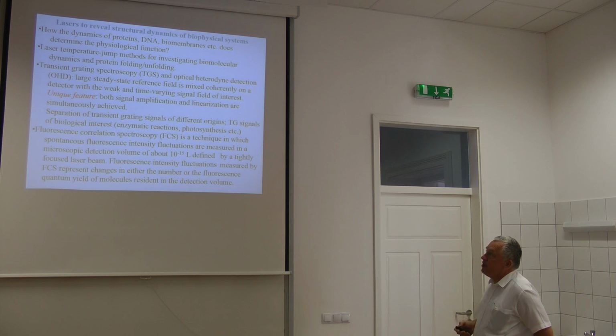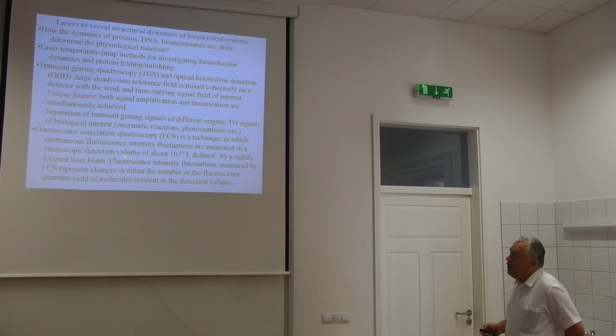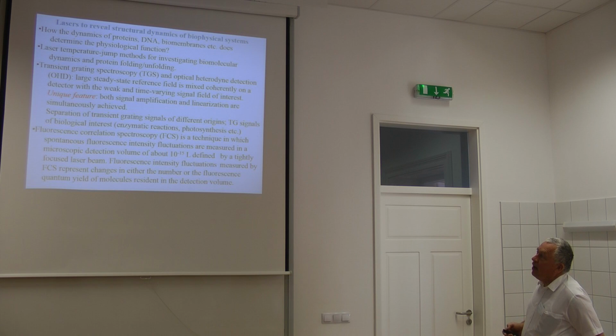These are very special but very interesting fields. For example, the fluorescence correlation spectroscopy will illuminate a very, very tiny volume in the system, 10 to minus 15 liter, and this tightly focused laser beam will excite fluorescence.